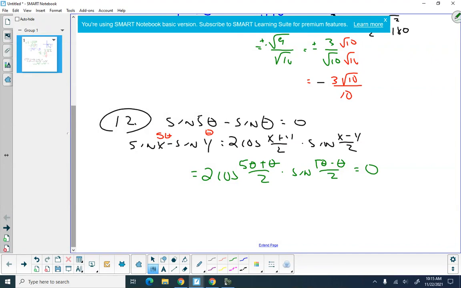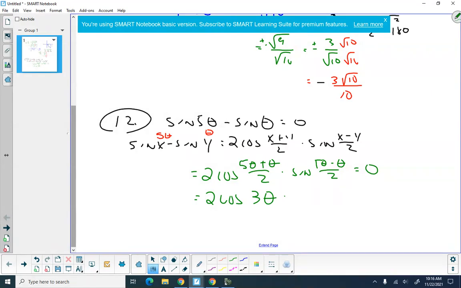Five theta plus 1 theta is equal to 6 theta. 6 theta divided by 2 gives us 3 theta. Five theta minus 1 theta gives us 4 theta.